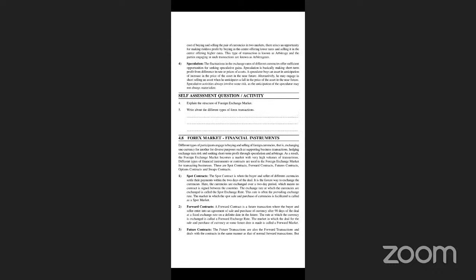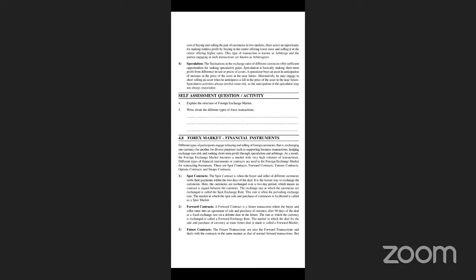Next we have the topic financial instruments. Forex markets and financial instruments. The various financial instruments which are dealt in the forex markets are spot contracts, forward contracts, future contracts, option contracts, and swap contracts.